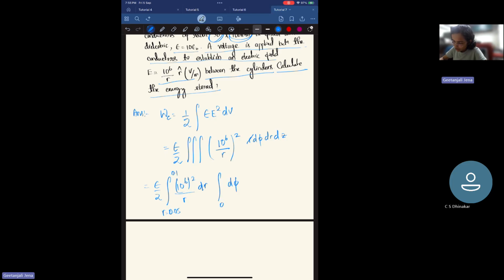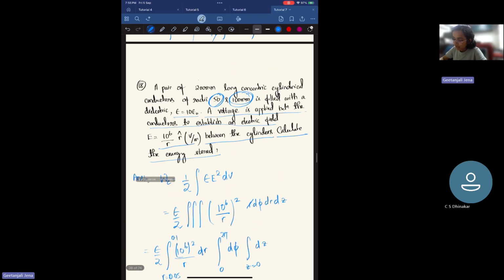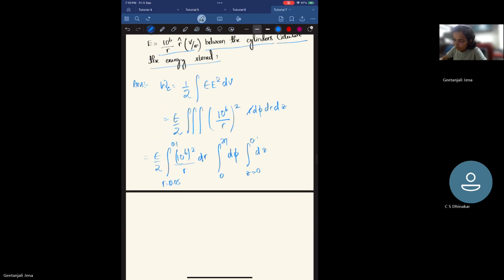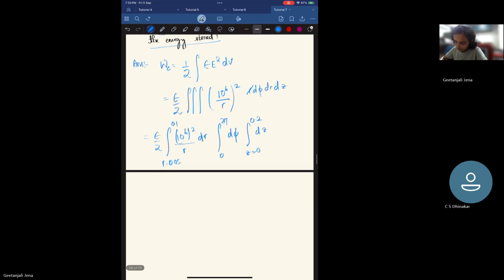d phi is 0 to 2 pi, and dz is 0 to 200 millimeter, 0.2. So epsilon is 10 epsilon naught.